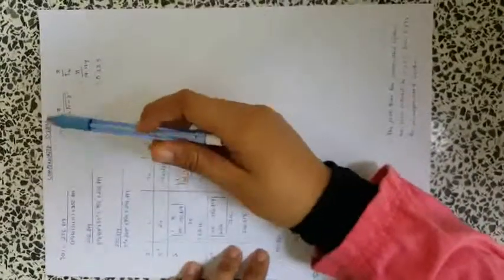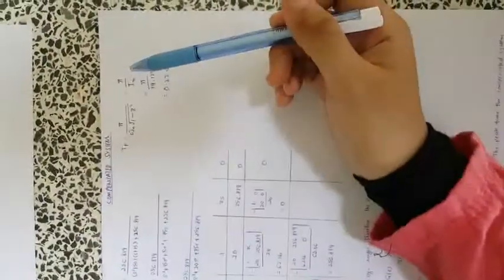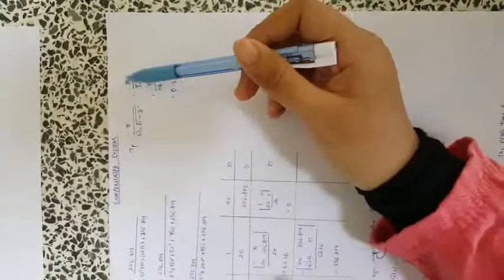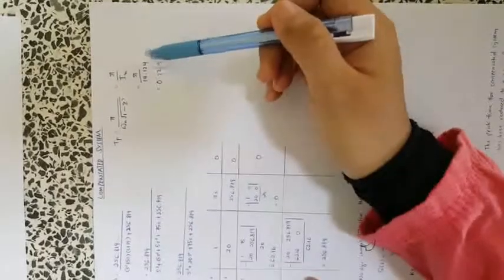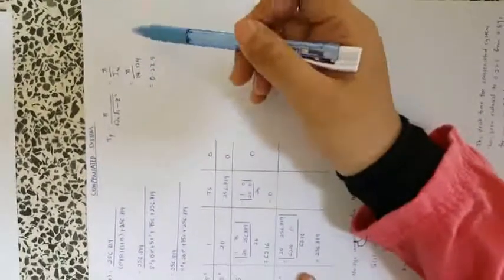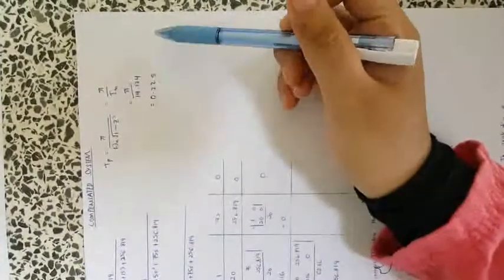For the compensated system, to find the peak time, we use the same formula, which is pi over the imaginary part, and our imaginary part for the compensated system is the new imaginary part, which is 14.124. Then we get 0.22 seconds for the peak time.